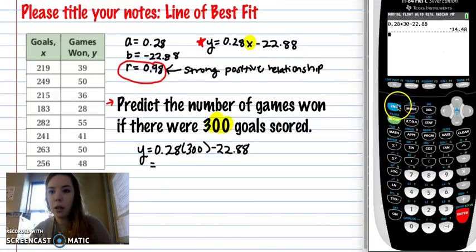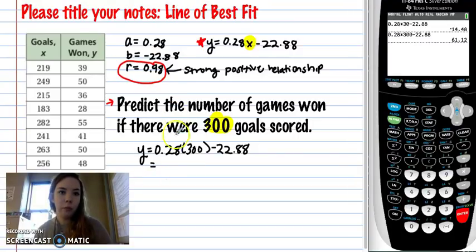Oh, I typed 30 and not 300 on accident. Okay, so 61. A game really only makes sense as a whole number, so let's just round to a whole number. 61 games.